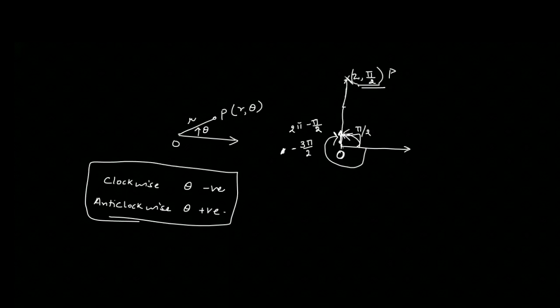Now we have to take 2 steps and we will reach this point. So another representation of this point is 2 comma minus 3 pi by 2. So this is another representation of a single point P. However, in Cartesian it is a unique form. But in polar we have infinitely many representations of a single point.